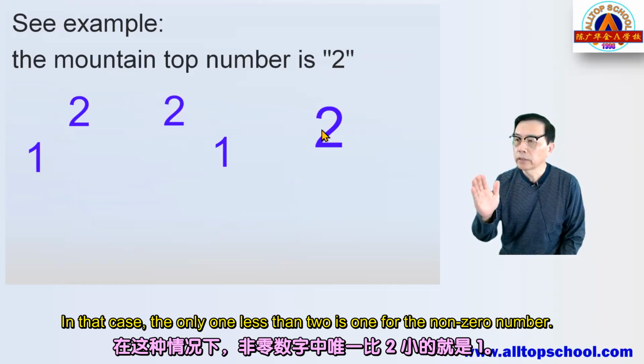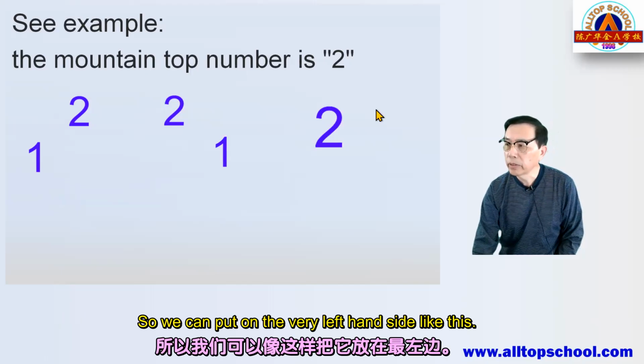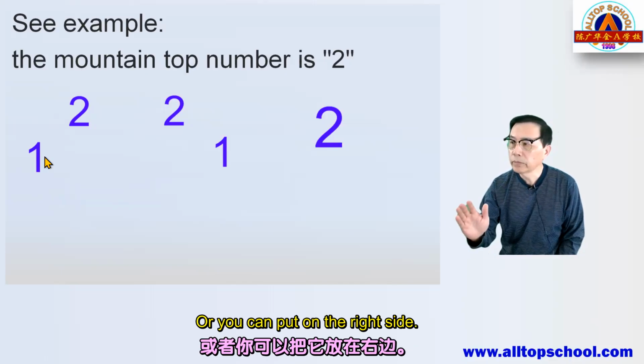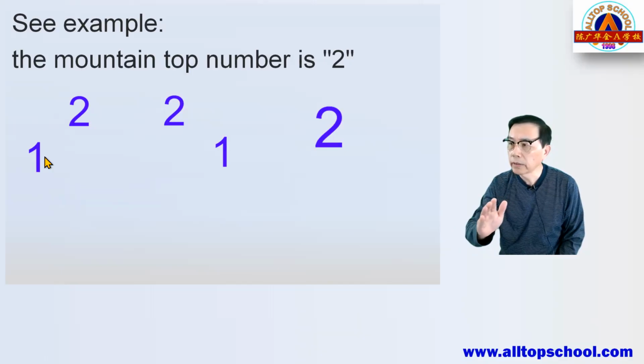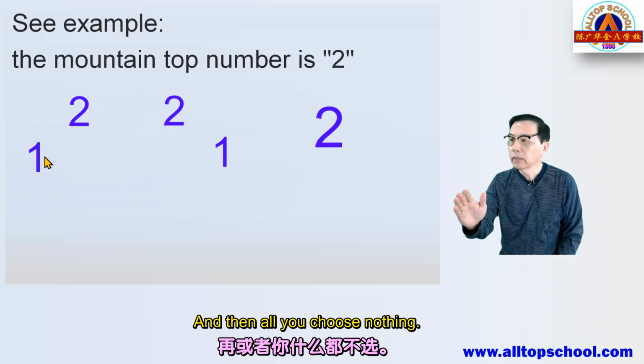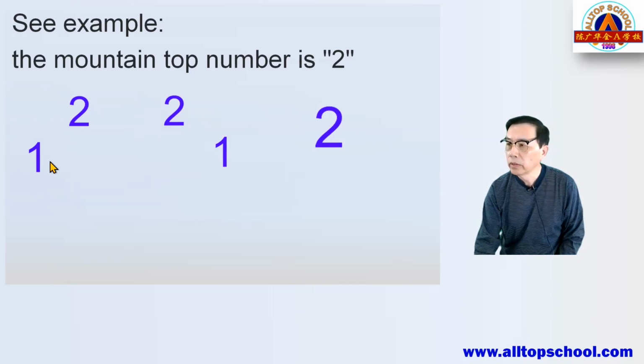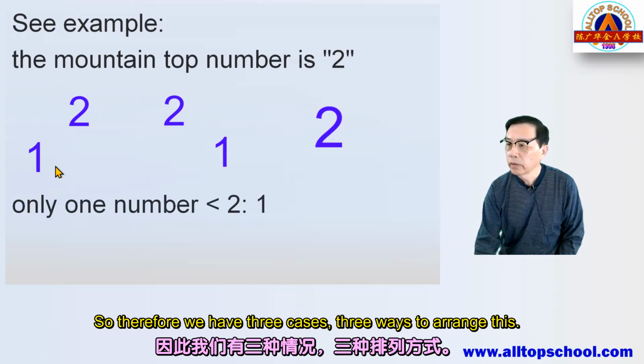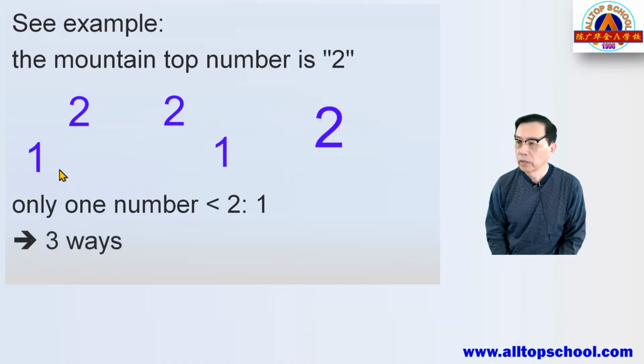The only non-zero number less than 2 is 1. So we can put it on the very left-hand side, or on the right side, or you choose nothing.